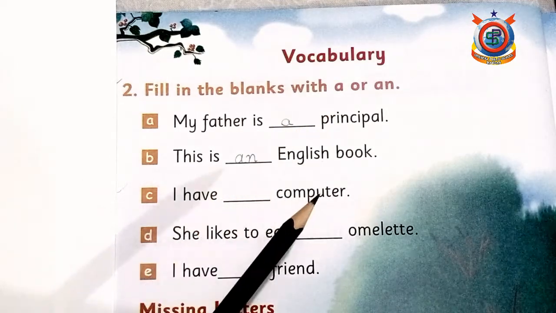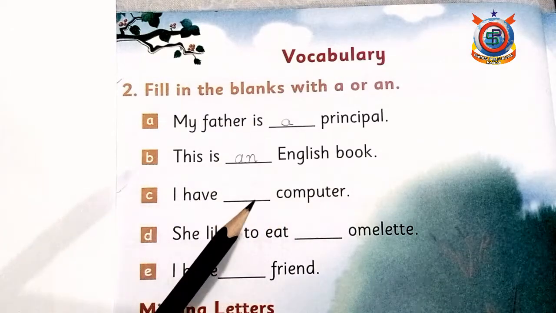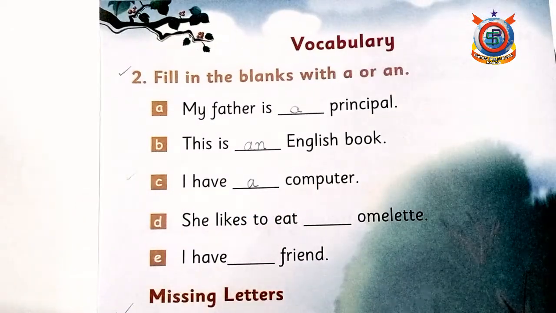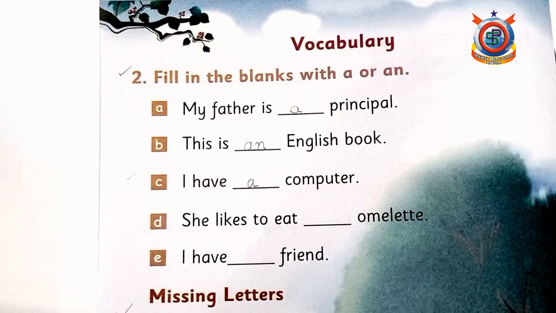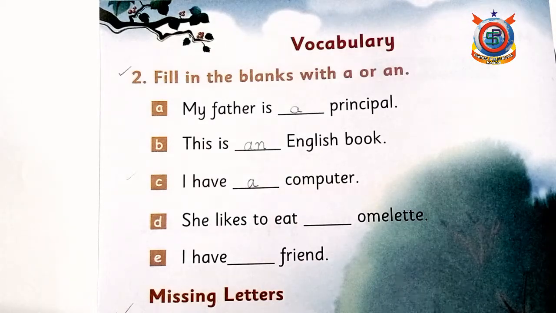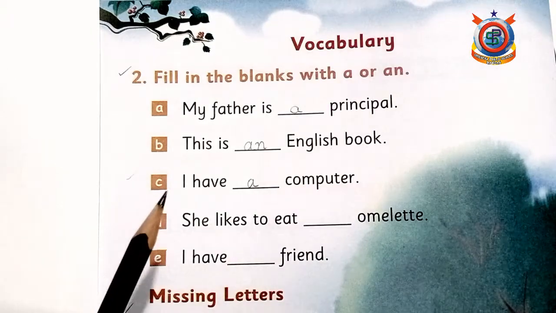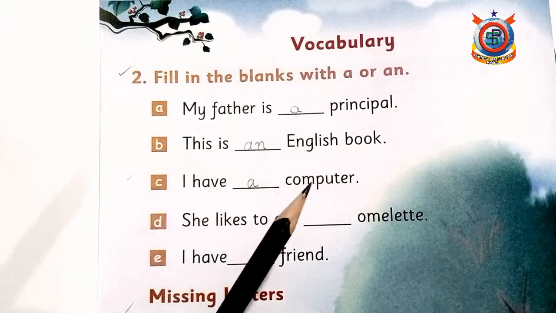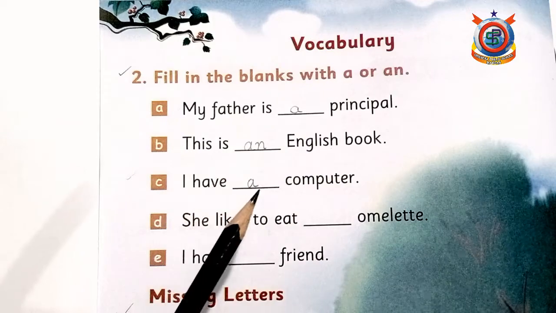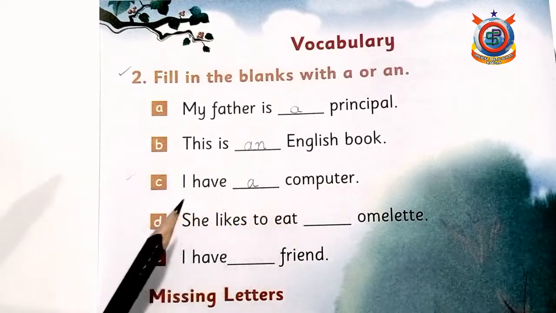Start writing with me. You can see your teacher has also written the answer. Are you doing it with me, students? You have to complete this exercise with your teacher while you're watching this video.